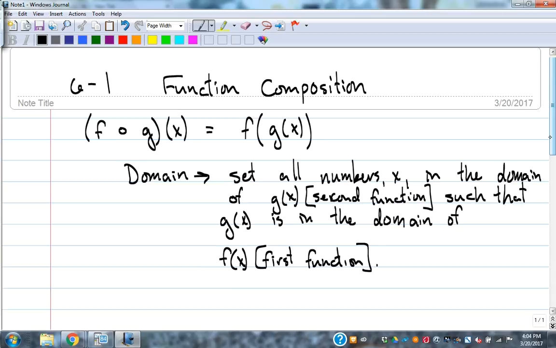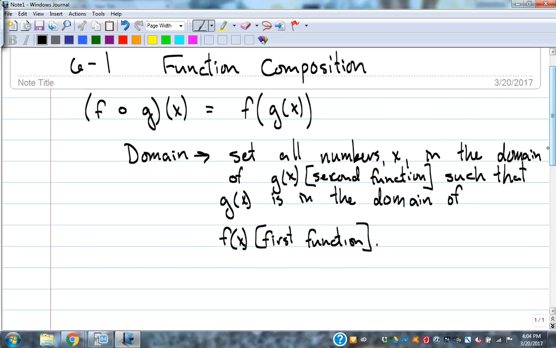So what you've got to do really is look at the domain of both of the original functions, and then also look at the domain of the composite function. So we've got to look at all of that. We're going to do some function composition, and we're going to look at those domains as we go.